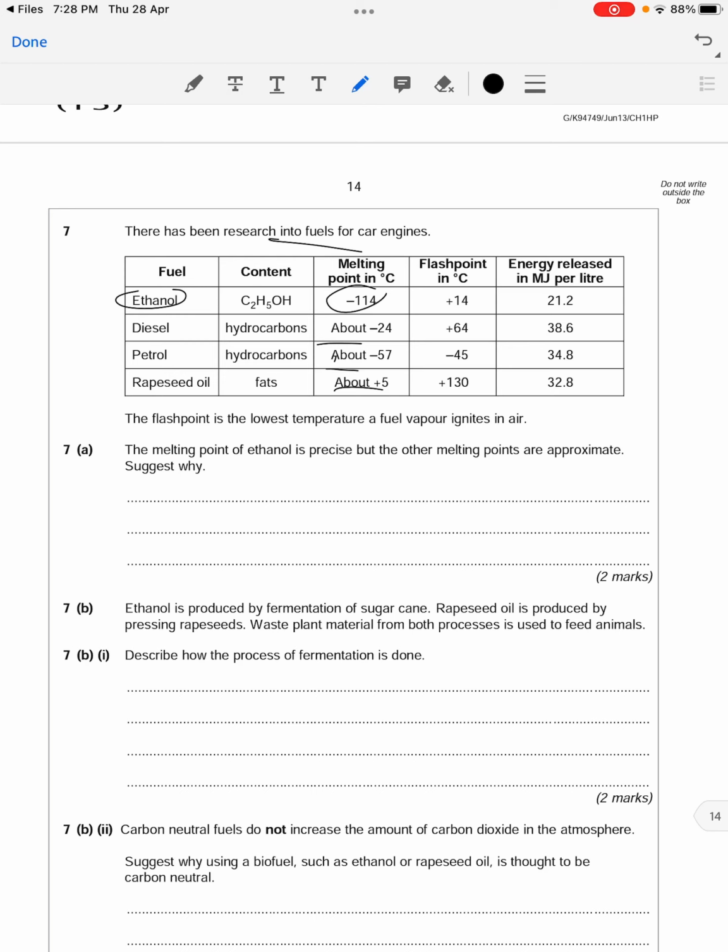Our reason should be because ethanol is made up of one molecule. So you can mention that only one molecule is being used here, whereas diesel, petrol, rapeseed oil are all mixtures, right?